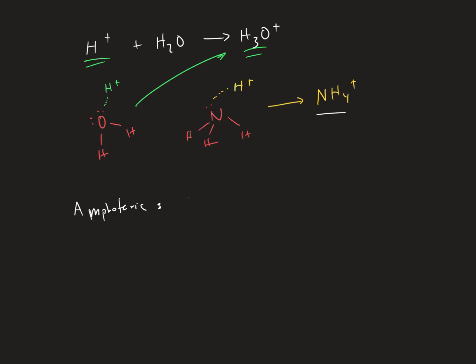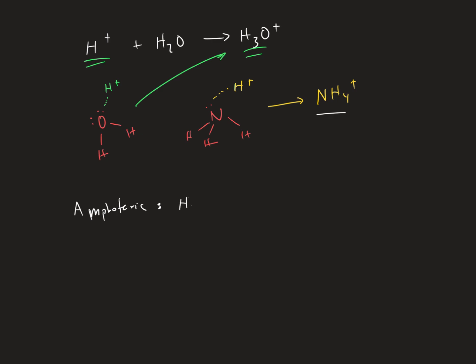So is NH4 plus, also an acid, because if it gets rid of that H plus, now it's just ammonia. And once it donates, it'll turn into a base. So amphoteric again means it could be an acid or a base.